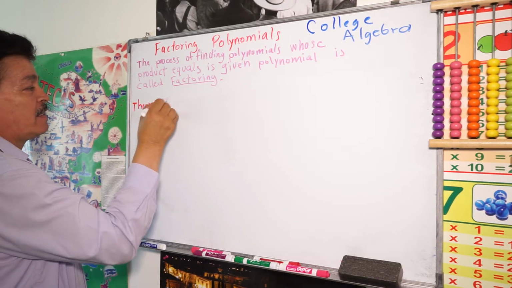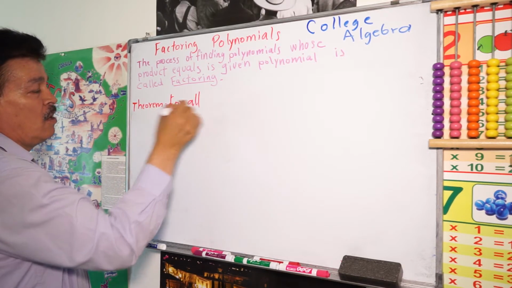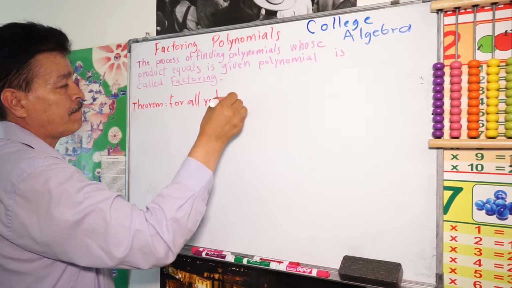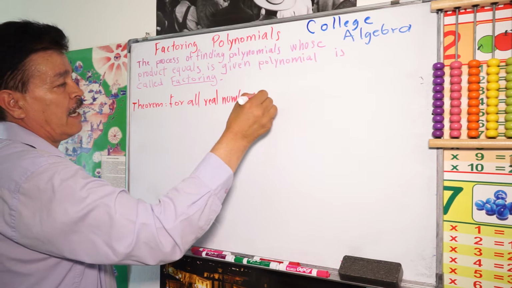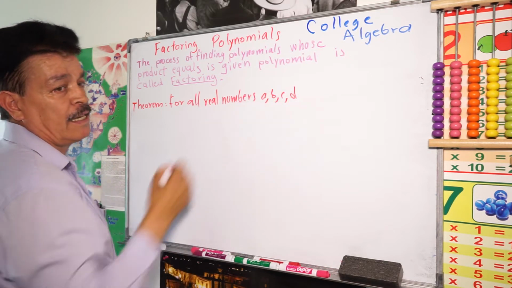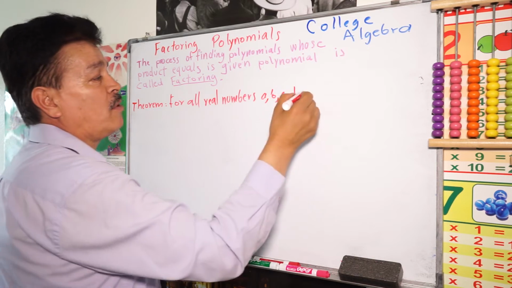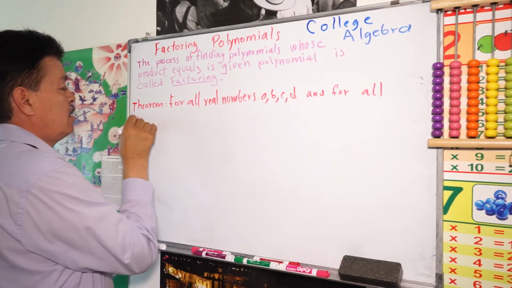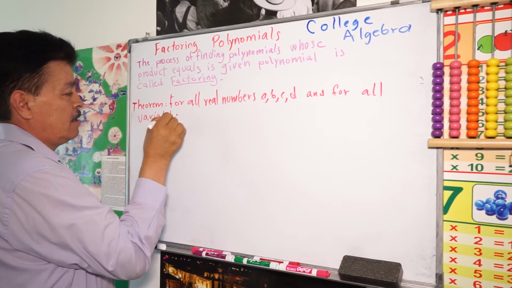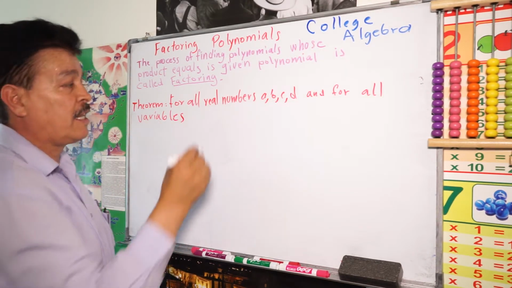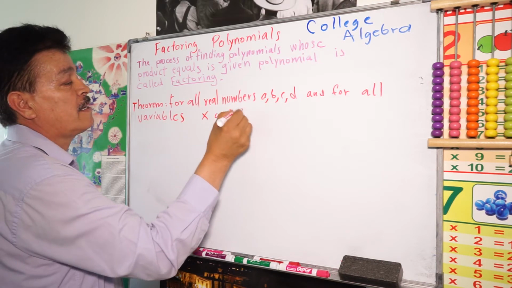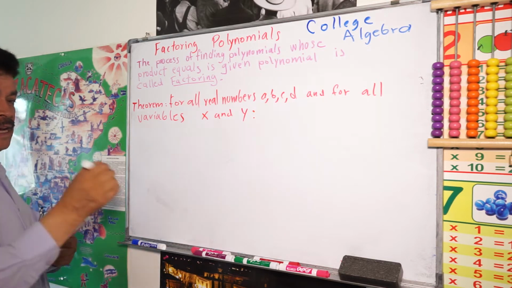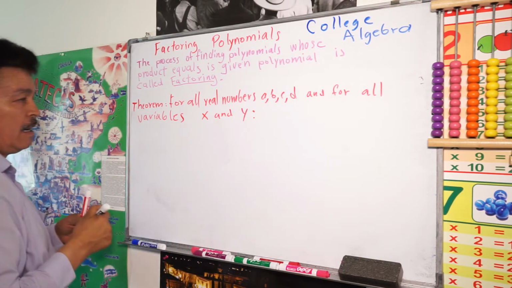This theorem is for all real numbers like a, b, c, d, and for all variables like x and y. We have two cases. For me, it is most important.